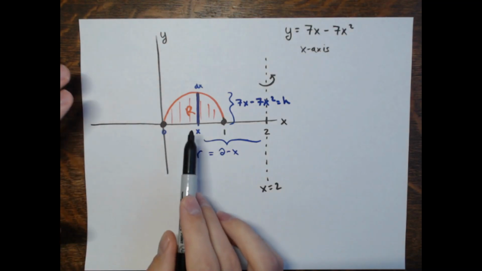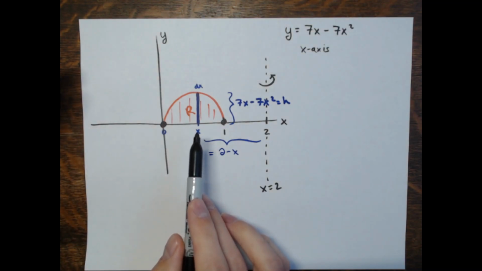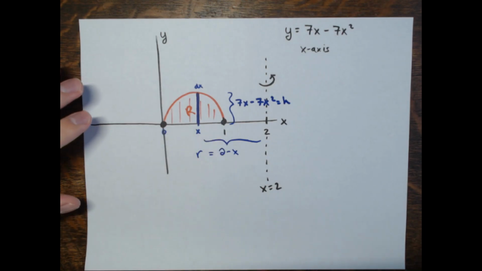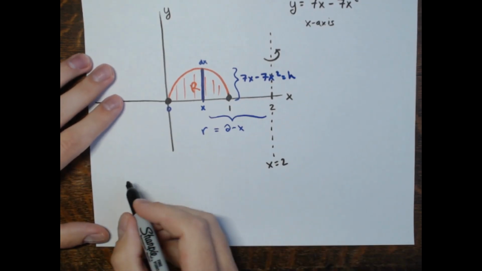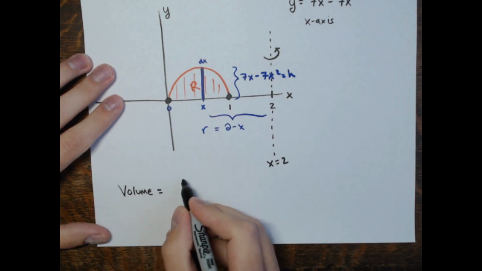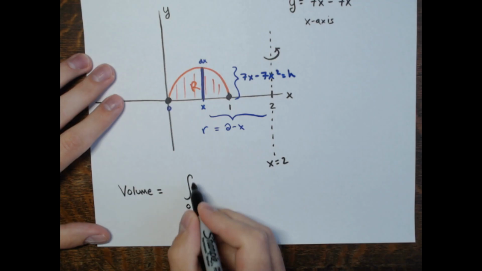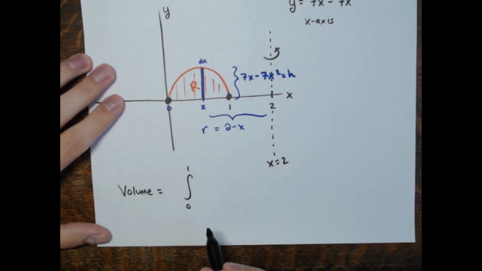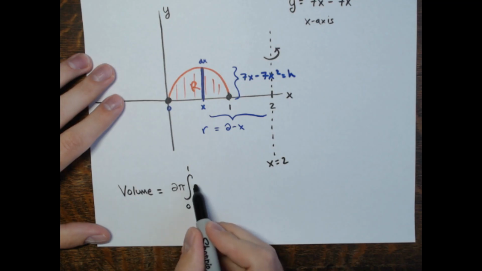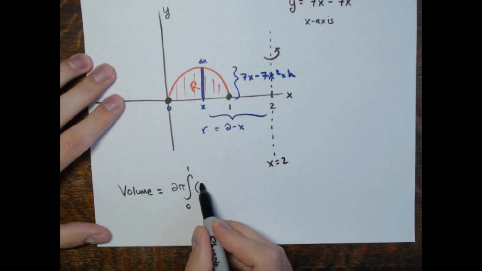And now I can find the volume of our cylindrical shell, and we'd be making these shells for every value of x from 0 to 1. So the total volume would be the integral from 0 to 1 of the volumes of these shells, which is, again, the circumference of the shell, 2 pi r. So 2 pi I pull out.